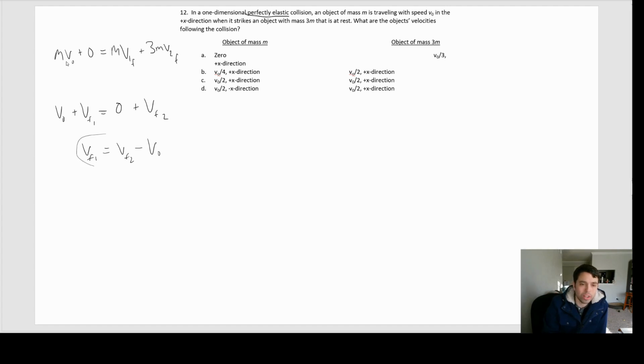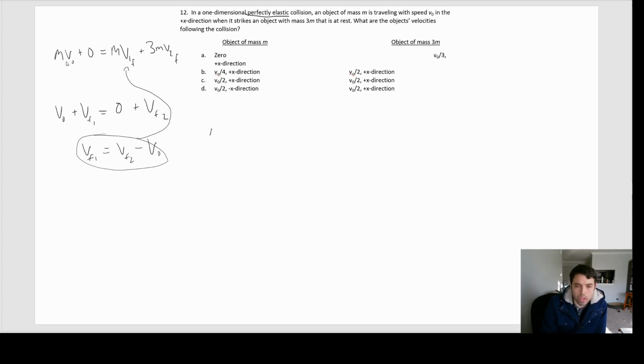Now I'm going to take this formula and plug it in for vf1, since they're equivalent. vf1 equals vf2 minus v0. So I'm going to substitute.